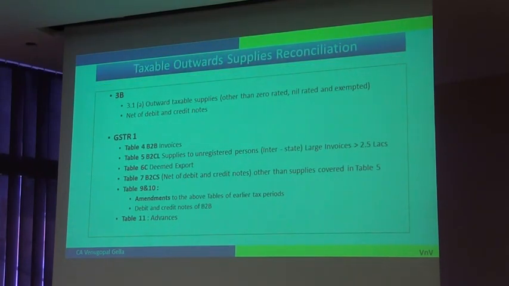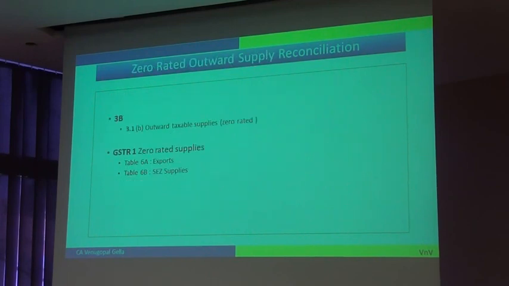First, 3.1a, which is outward taxable supplies, a major chunk of the reporting in 3B, should have a reconciliation statement with the sum total of your GSTR 1 table 4, which is B2B, B2C large, then export wouldn't come here, deemed export would come, which is 6C, B2C, then amendments of all this. So the summation of all these tables should match with 3.1a, and you should prepare a simple reconciliation on a columnar basis, on a monthly basis, to see whether this is matching or not.